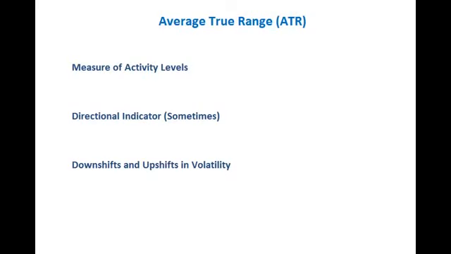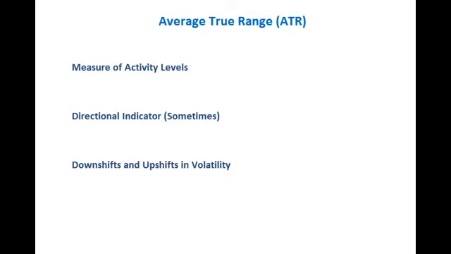Two, it sometimes has a gauge of directionality to it, just like implied volatility. Remember, when we look at the implied volatility measure, the VIX indicator, versus the S&P 500, those two have a fantastic negative correlation, meaning when the volatility index picks up, the S&P 500 most oftentimes drops. So that's a useful aspect to this indicator as well.